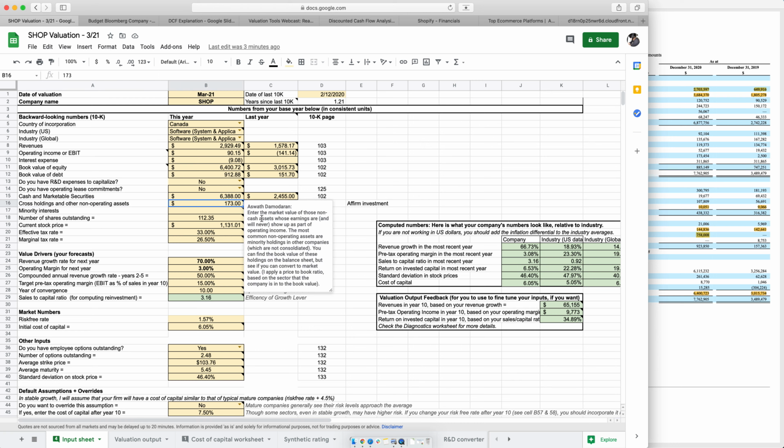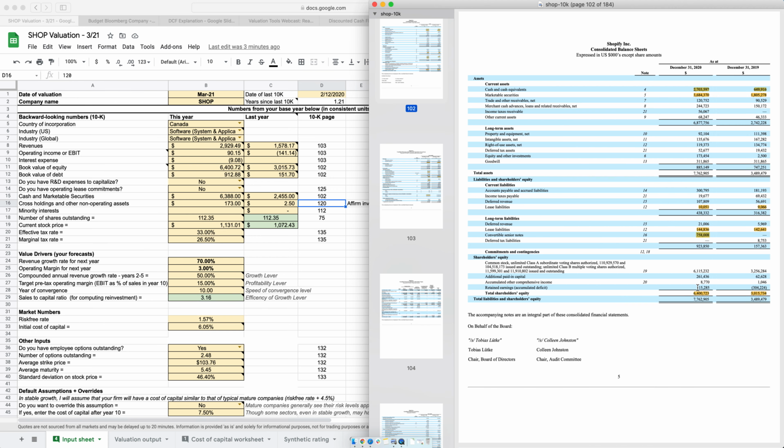Actually, is there a note here? Okay, yeah. So enter the market value of these non-cash assets whose earnings are and will never show up as part of operating income. The most common ones are minority holdings in other companies. So there's a note. This is where I think you will have to dig through the 10K to see if they talk about this.